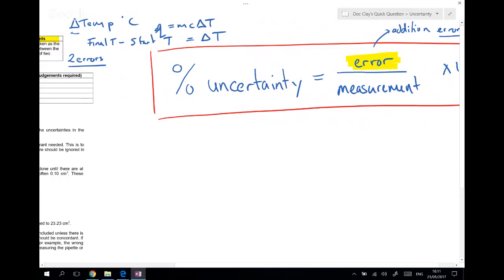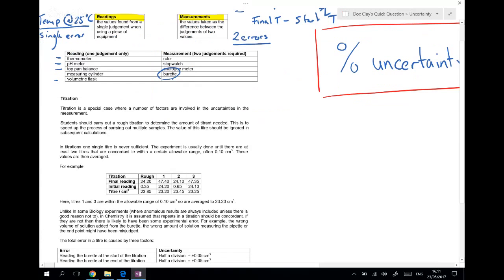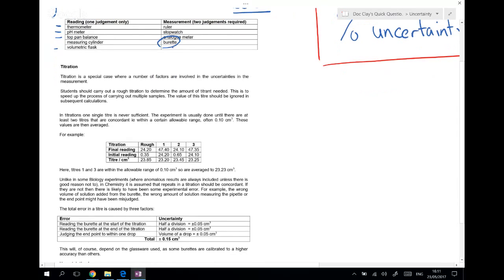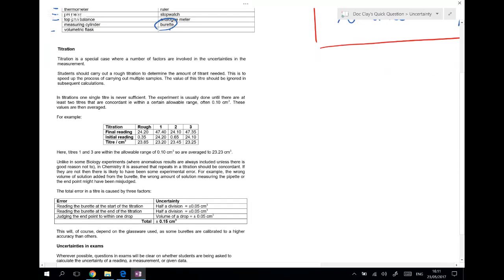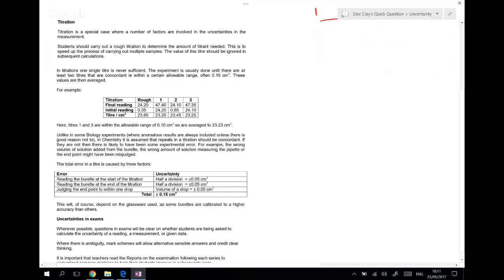The exception to this rule is if we're doing a titration, and this is straight out of, remember, the AQA practical information, and that is pointing out that if we're taking a measurement from a burette, we've got essentially a measurement for a final reading, we've got a measurement from the start reading, and we've also got an error in the size of the drop, and therefore we've got a total of 3 lots of the error.